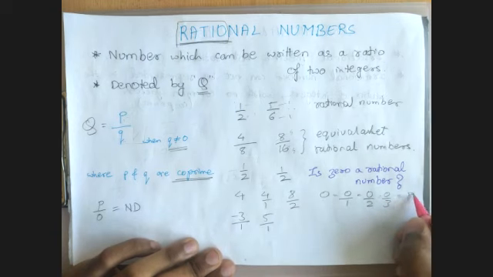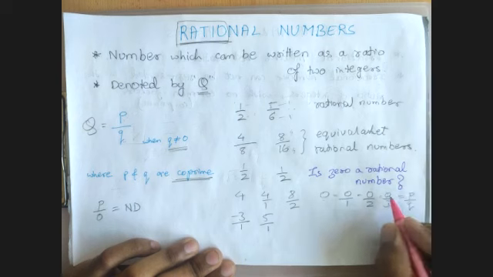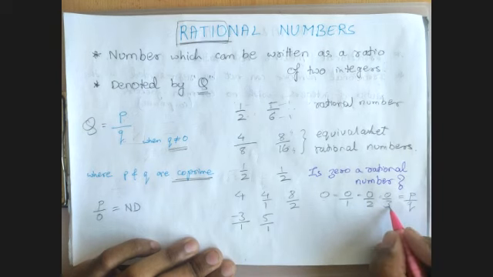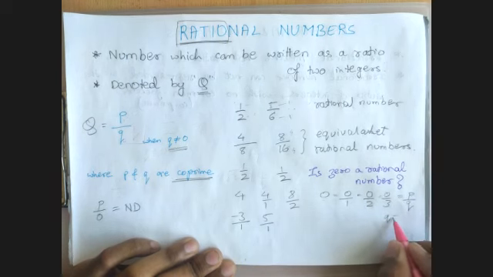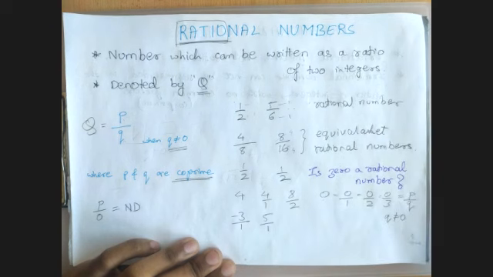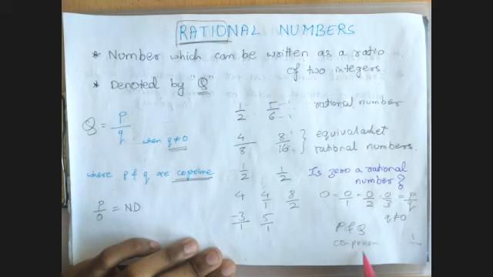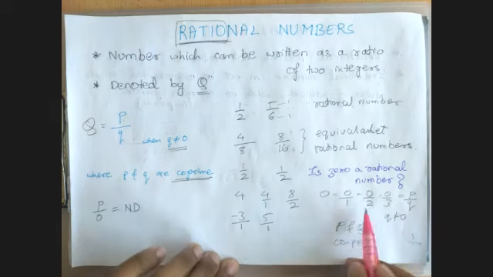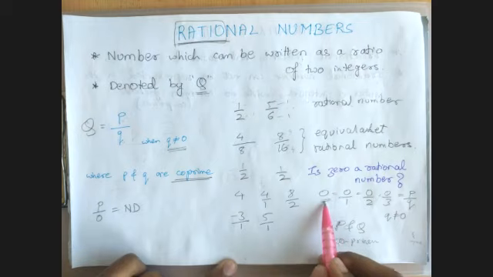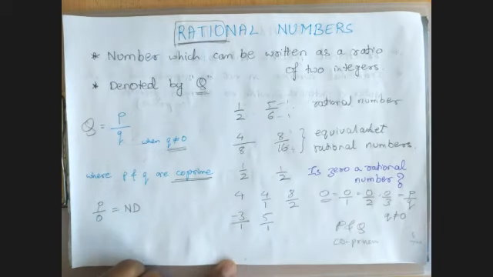That is in the form of p by q, where p is an integer, q is also an integer, and the denominator q is not equal to 0. And if you look at this, p and q are co-prime. So 0 is also a rational number.